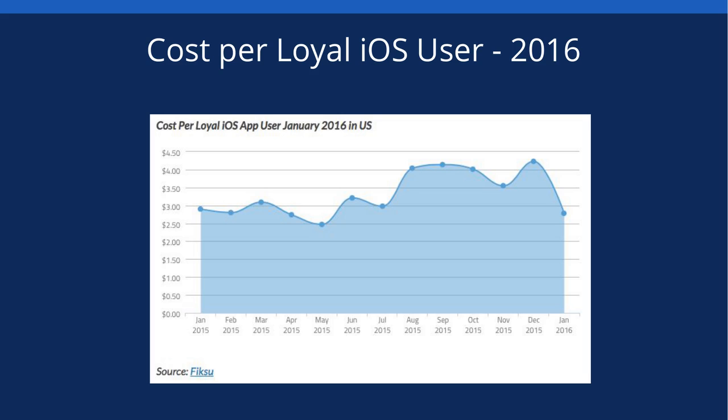And so the cost per loyal user is much higher than the cost per download. We're going above $4 for iOS, just to get a loyal active user. And so how can we get more of these active users so that will reduce our cost per loyal user, and so increasing the user and improving the user experience on the app.